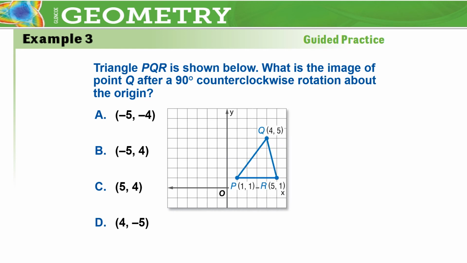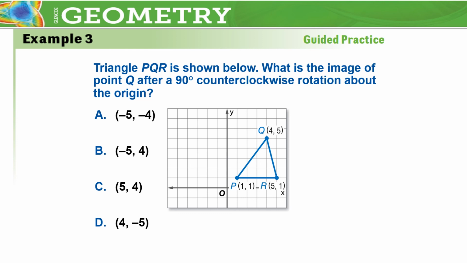Another example, triangle PQR is shown below, with the image of point Q after a 90 degrees counterclockwise rotation about the origin. Here, your points are Q 4, 5, P 1, 1, R 5, 1. But we need to find the image of Q only. Okay, Q 4, 5.